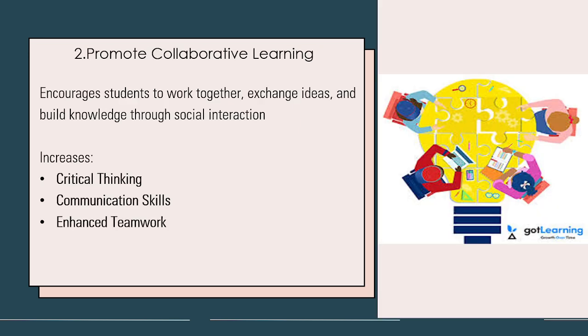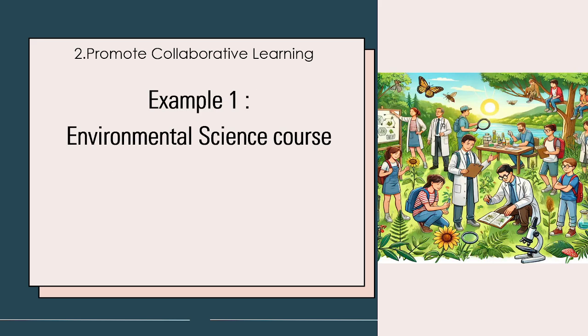Promote collaborative learning. Collaborative learning encourages students to work together, exchange ideas, and build knowledge through social interaction. This approach enhances critical thinking, communication skills, and teamwork, making it an essential component of learner centered online education. One effective way to foster collaboration is through group projects.